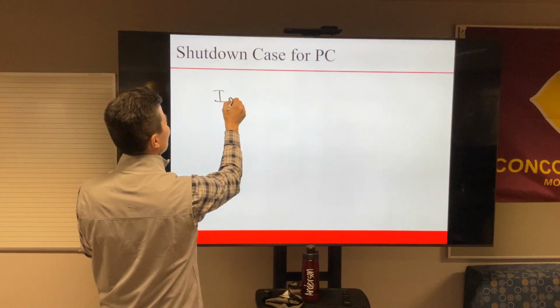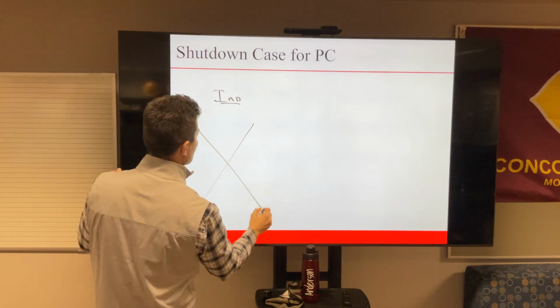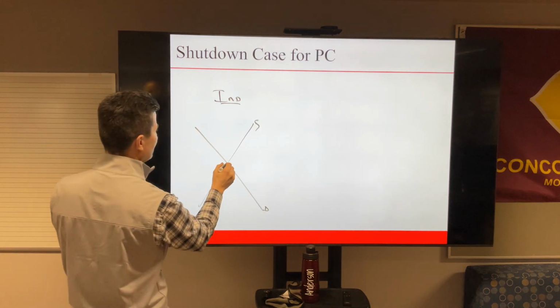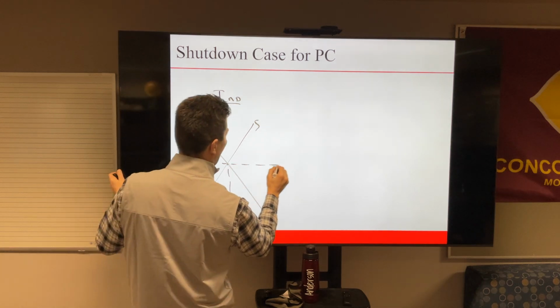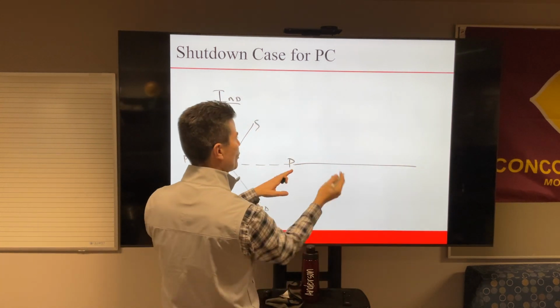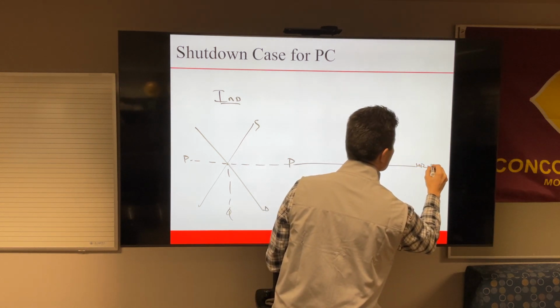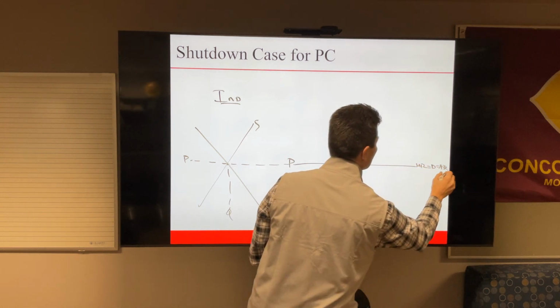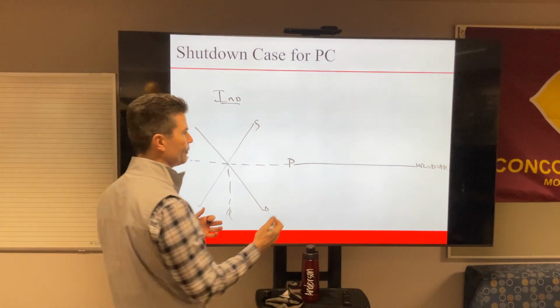Again, remember it's perfect competition, so we have to draw our industry graph first. Supply, demand, P, big Q. I have price takers. So I have to find what my price is for the perfectly competitive firm. MR, demand, AR, right? So now this is established. Now I have to add in all my other stuff.